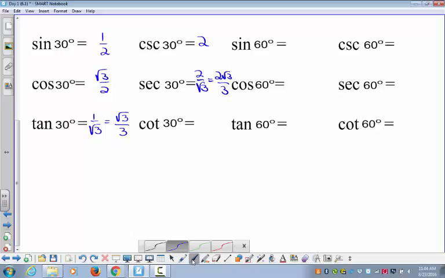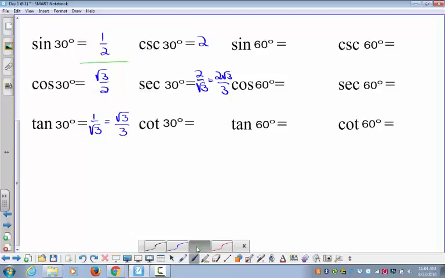So we did that from the triangle. We did opposite over adjacent. You could also do it from sine divided by cosine. 1/2 divided by square root of 3 over 2. Take the reciprocal of the denominator's fraction. The 2's will cancel.